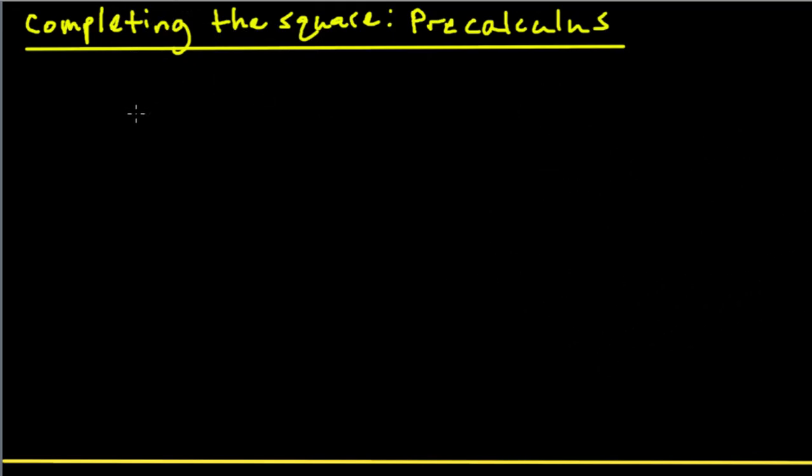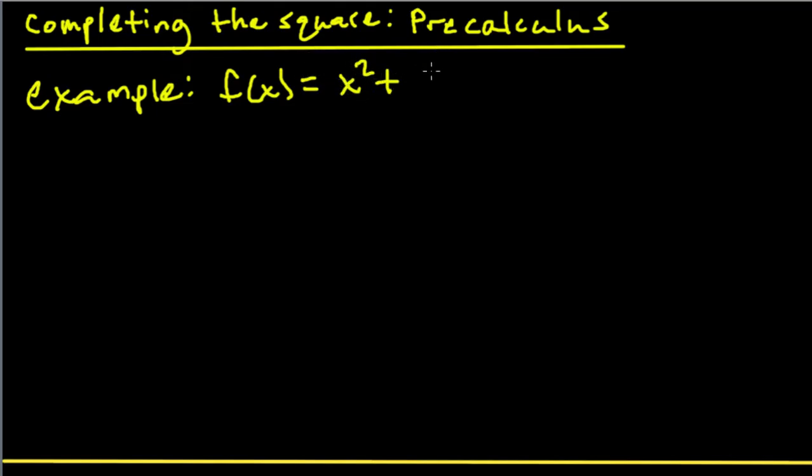Let's say we have some function which is x squared plus 6x minus 7, and we want to know the x-intercepts and the vertex of this parabola.